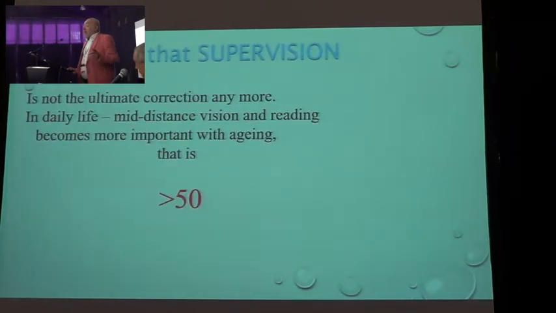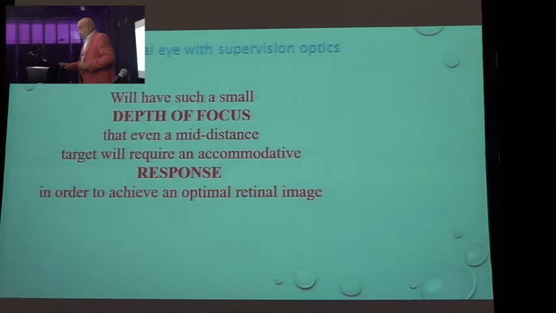It is very clear that supervision is not the ultimate correction anymore. Because they will have such a small depth of focus that even a mid-distance target will require an accommodative response in order to achieve an optimal retinal image.